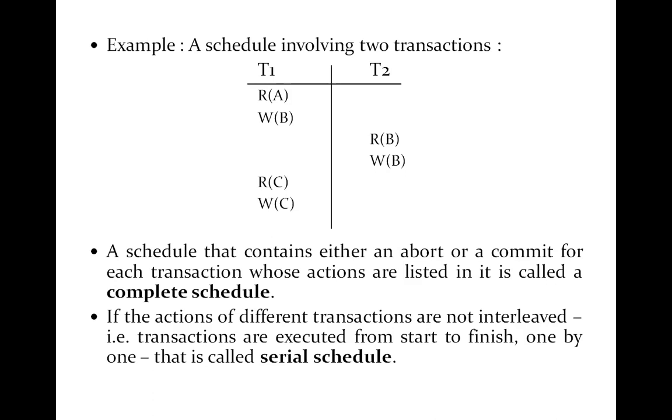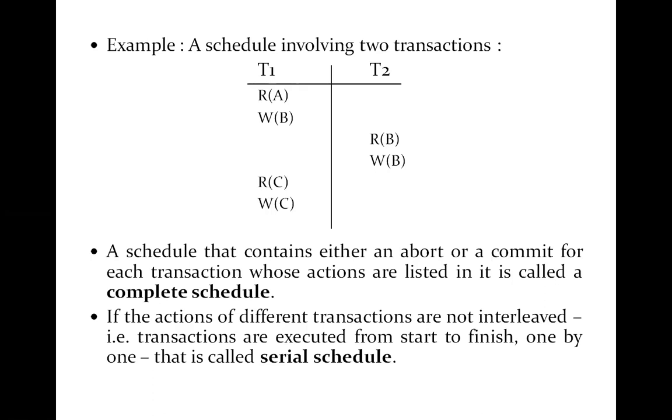In addition to these actions, that is reading, writing, aborting, and committing, the transaction may also carry out other actions, such as reading and writing operating system files, evaluating arithmetic expressions, and so on. Of course, we assume that these actions do not affect the other transaction. That is, the effect of a transaction on another transaction can be understood solely in terms of the common database objects that we want to read or write.